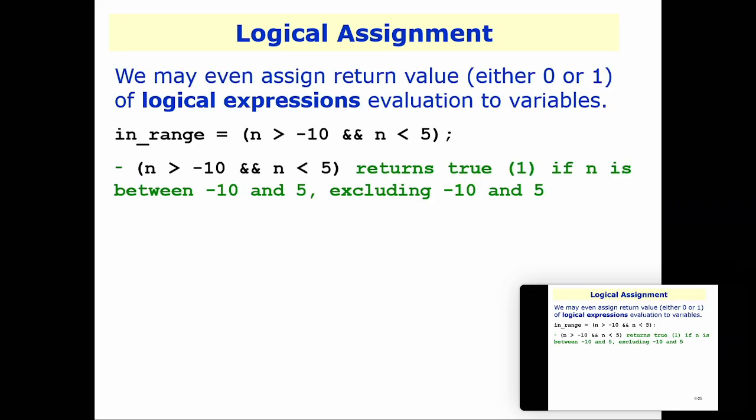So you may want to define the valid range of the numbers. For example, here we want to check whether a number is between -10 and 5. So we need two conditions.